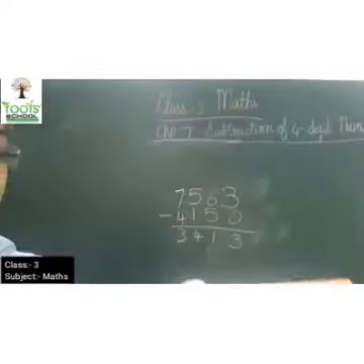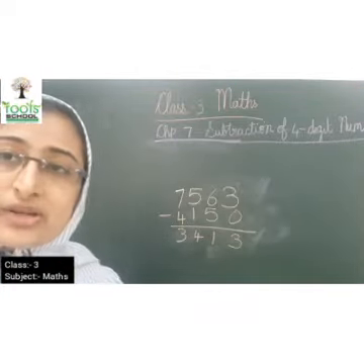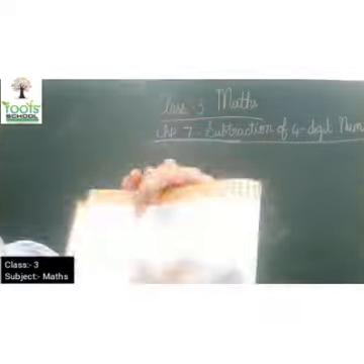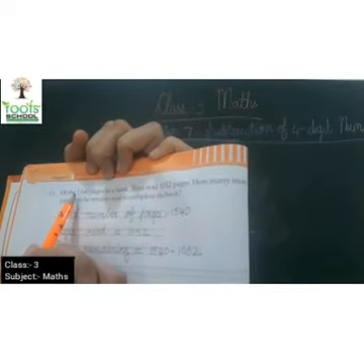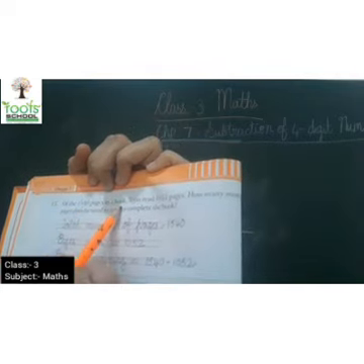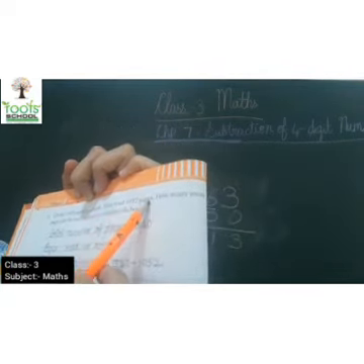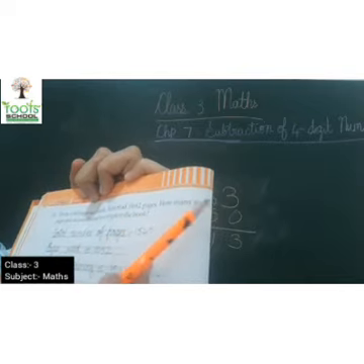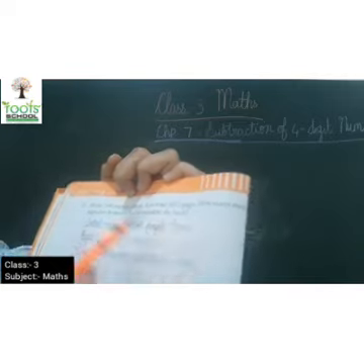Now kids, we move on to the next sum, which is on page number 62. Sum number 15. Of the 1,540 pages in a book, Tejas read 1,052 pages. How many pages does he need to read to complete the book?